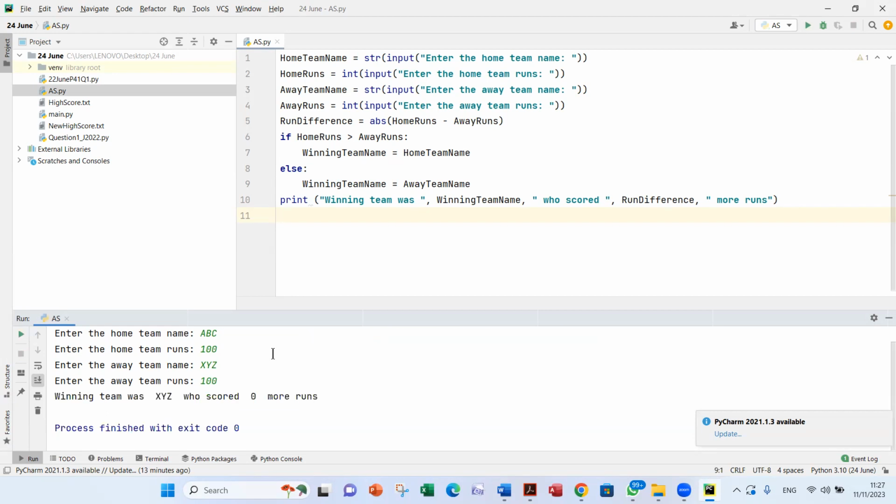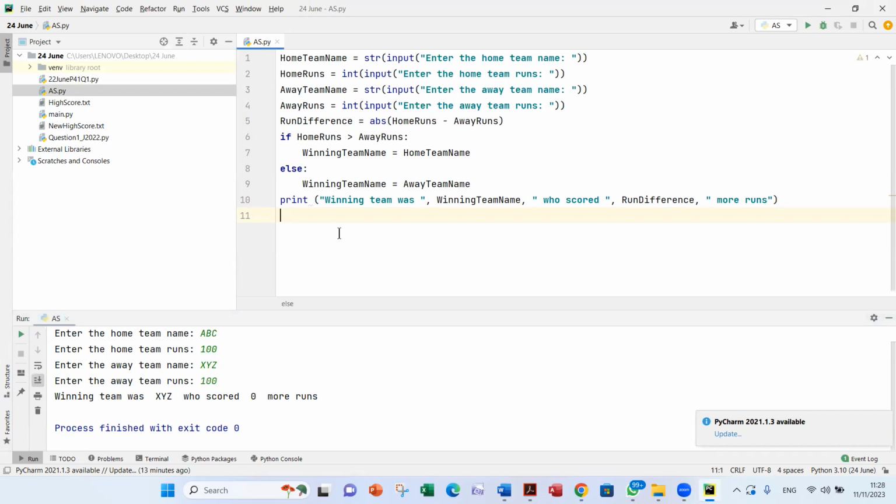See, it is saying that the winner is XYZ. This is incorrect, but this is the way I wrote my code. So if home is not greater, then I will assume that the away is the winner. This is incorrect, but this will not happen because the question says they will never be equal. So don't bother yourself now.